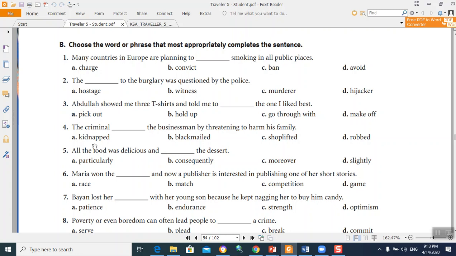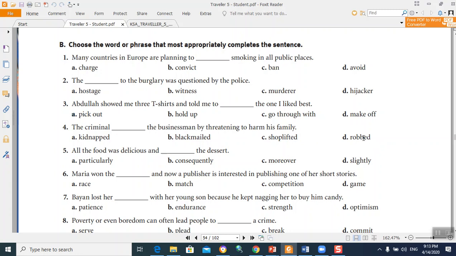Number 4. The criminal, al-mujrim, or al-mudan, the businessman by threatening to harm his family. Threatening here means yuhaddid. So what is your answer? Kidnapped, blackmailed, shoplifted, robbed. So the criminal, you threaten to rob? No, you rob when you want to steal.